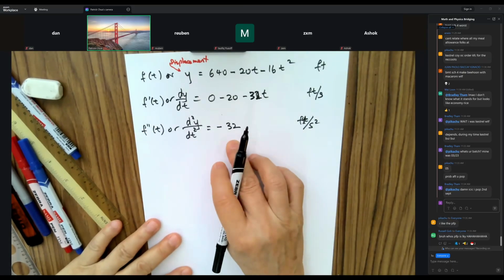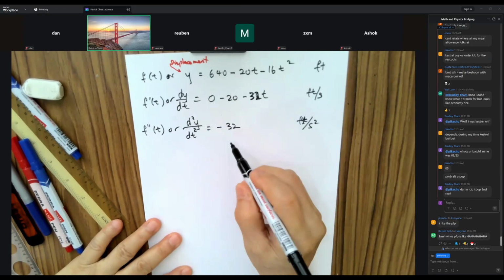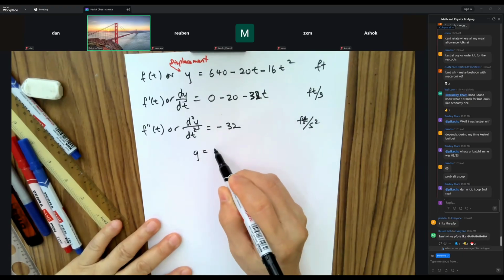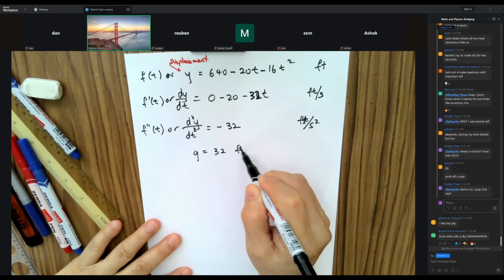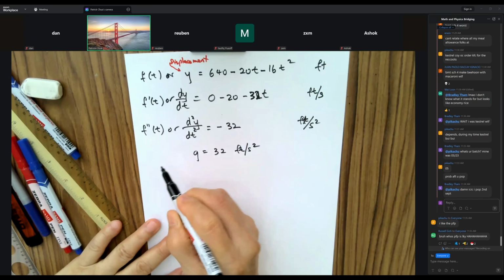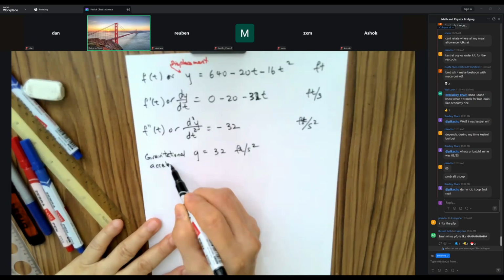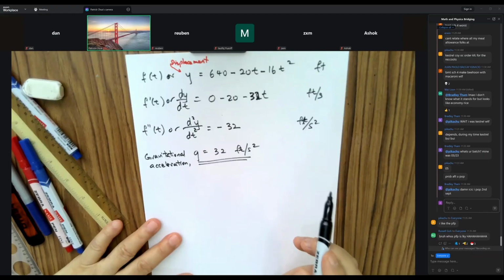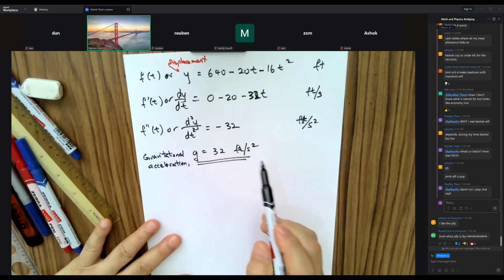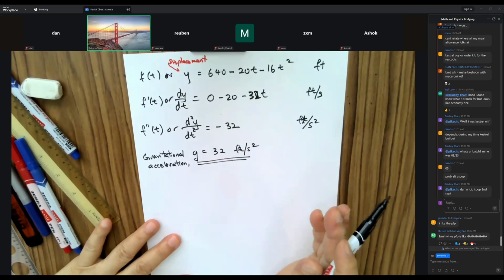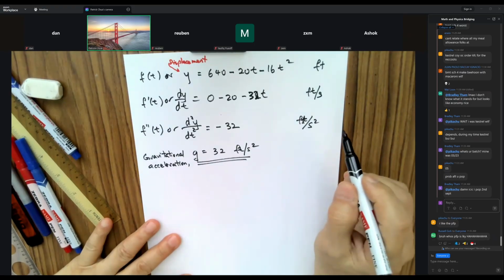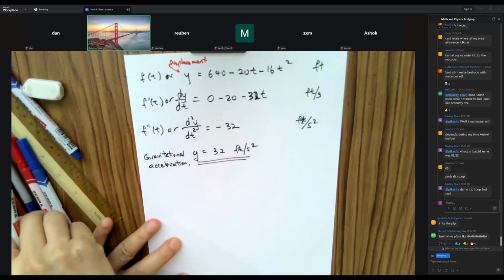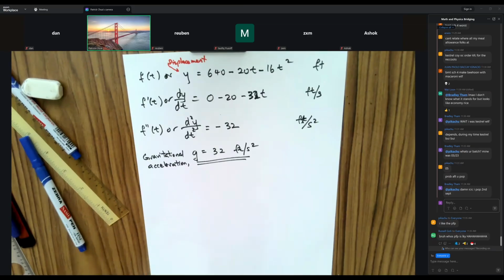So 32 feet per second squared is actually your g. g is 32 feet per second squared, gravitational acceleration. This is your standard unit. In non-SI, g is 32 feet per second squared. In SI unit, g is 9.81 meters per second squared. This is non-SI. So that is his acceleration.